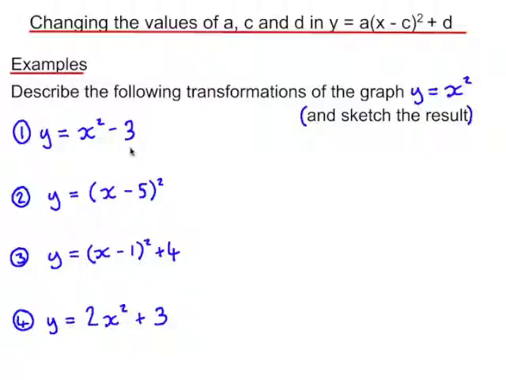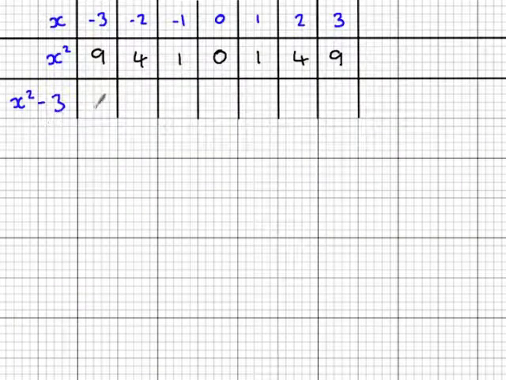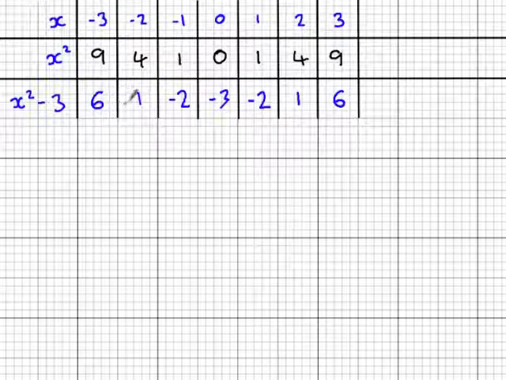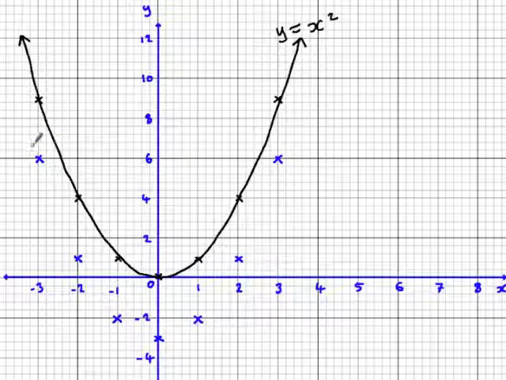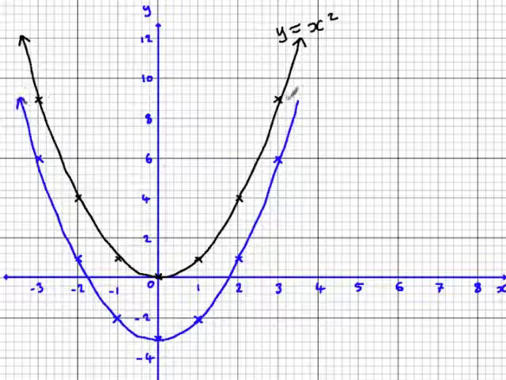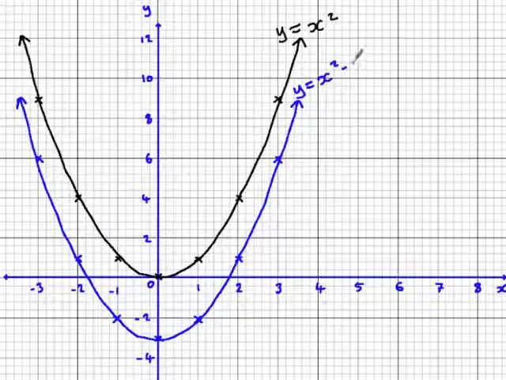So in our first transformation we'll plot the graph of y equals x squared take 3. To work out the y values I need to subtract 3 from each of the x squared values. And now my pairs of coordinates are -3, 6, -2, 1, etc. Again, once we've plotted the points, we join them with a nice smooth curve and label this one y equals x squared take 3.